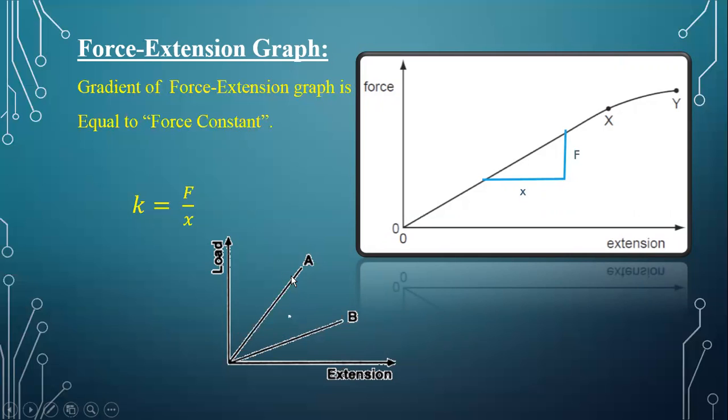In material A there is a smaller extension but a large force. So we can say that material A is harder than material B. A large force is required to produce extension in material A as compared to material B. So with the help of this load extension graph, we can describe the value of K and the stiffness of the material.